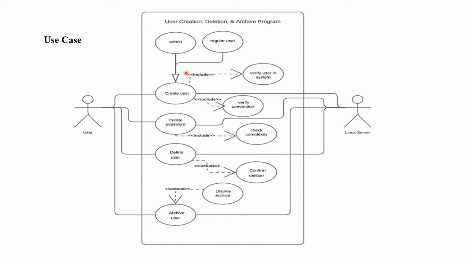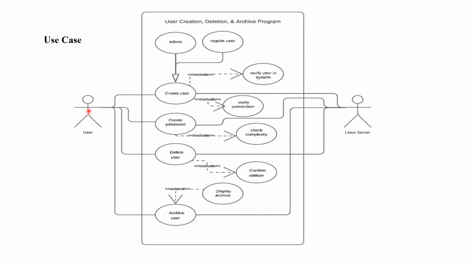The Linux system also will verify user convention. For example, a convention can be a user will be using the initial of the first name and the last name. So the Linux system will verify that convention.